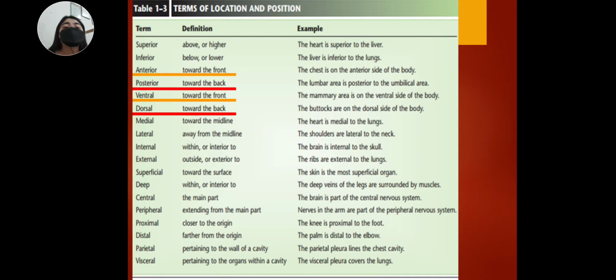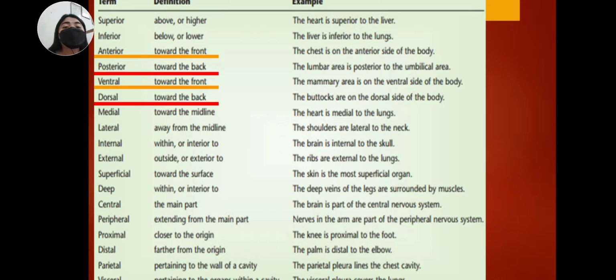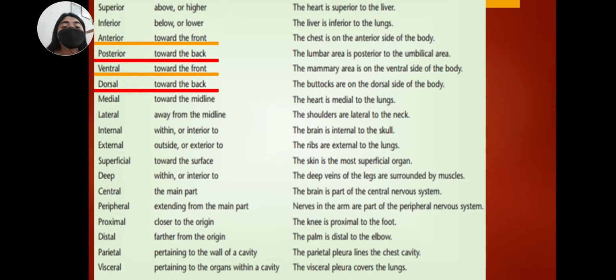We have the terminology: superior, inferior, anterior, posterior, ventral, dorsal, medial, lateral, internal, external, superficial, deep, central, peripheral, proximal, distal, parietal, and visceral. You can make these terms into phrases in accordance with the different parts and areas. So what are the definitions for these terms?